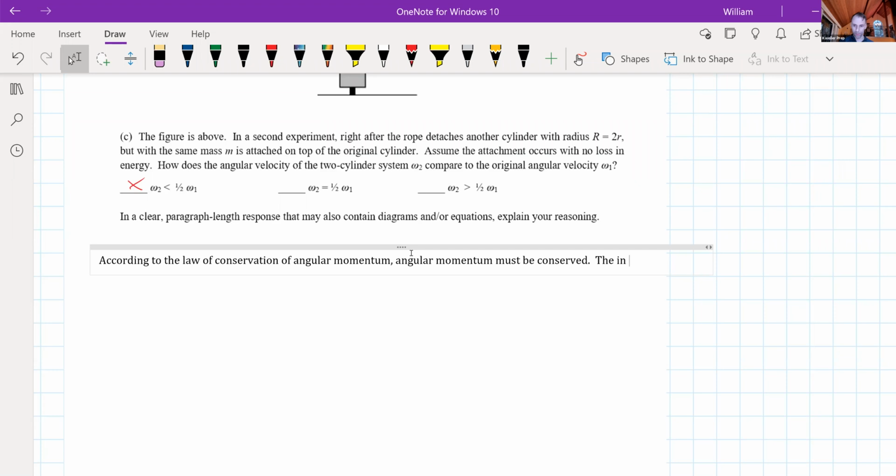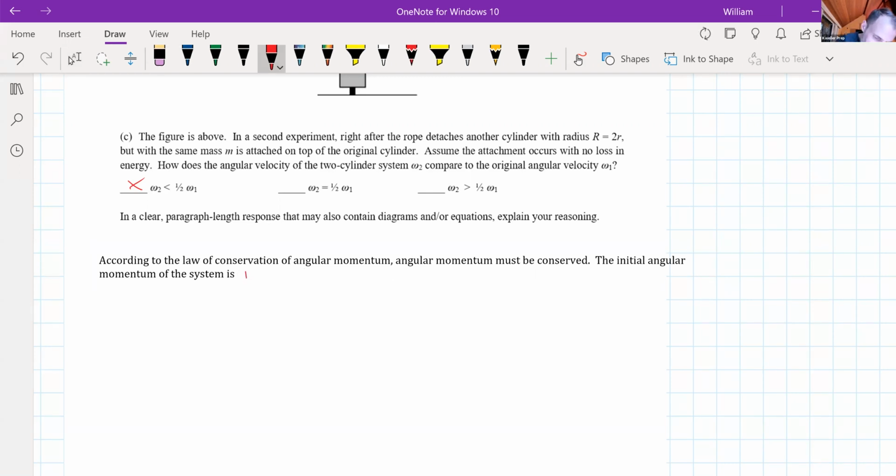The initial angular momentum of the system is I cylinder times omega 1. I'll just put it like that. Obviously, if you're handwriting it, it might look nicer. I'm not going to plop in an omega using the ASCII right now. So the initial, well, here, I'll just go like this, so it's clear for you guys, is I omega 1.